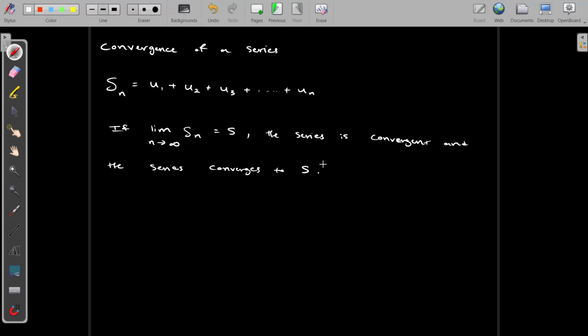So it has to actually have a limit for us to say that it is convergent. It converges to that particular value.